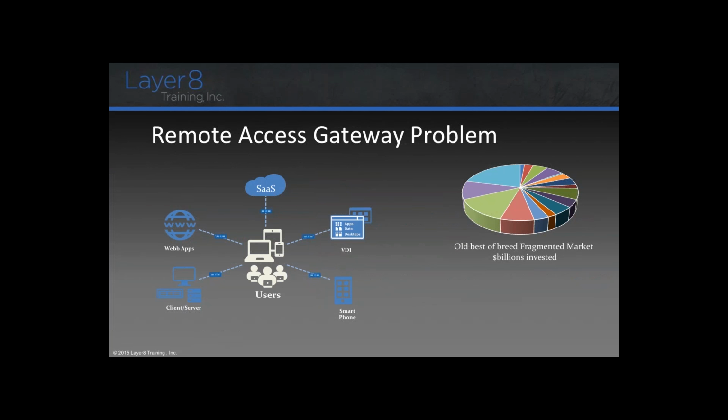So now with the new Unified Gateway, the remote access gateway problem, you can kind of see here. Through our VPN, we're offering everything, but it's all over the place. So I have web apps and client server, smartphones, VDI, SaaS, and we've got this fragmented solution in place to get people to where they need to be.